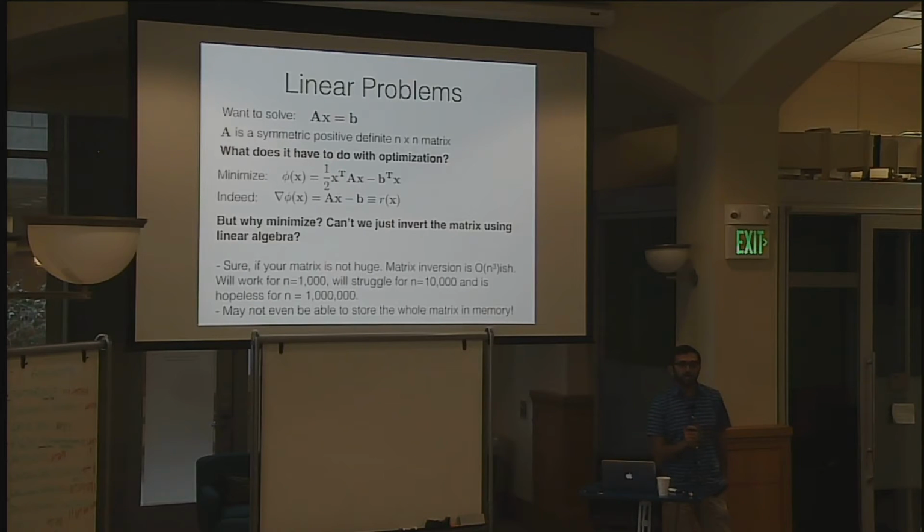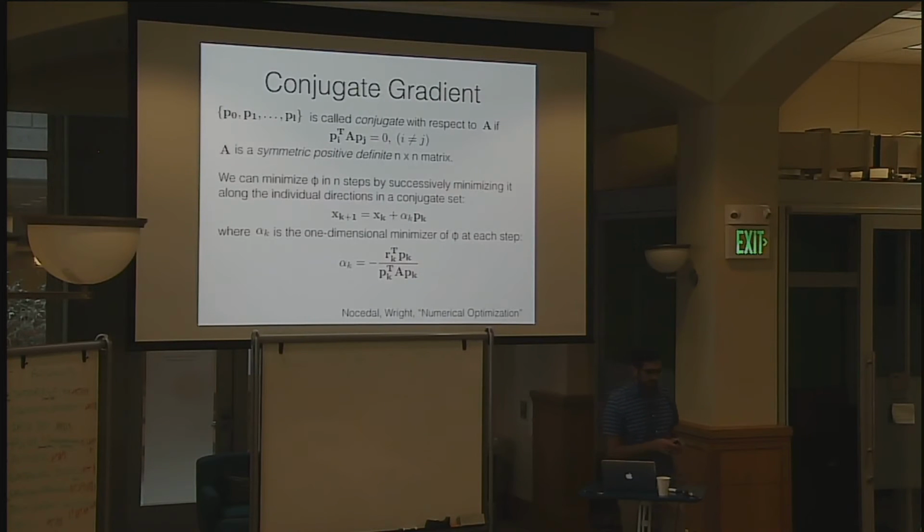And the examples that I'll show you and the problems I've been working on are actually very large dimensional problems, playing around millions and going up to billions of dimensions, so linear algebra there would be hopeless. So a quick introduction to the conjugate gradient method.